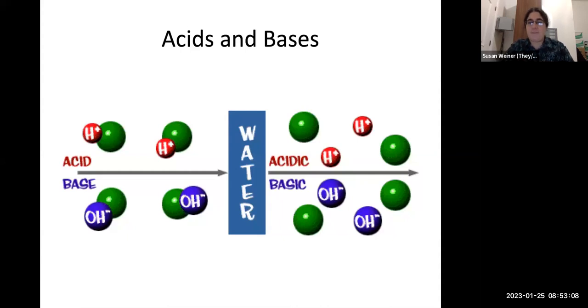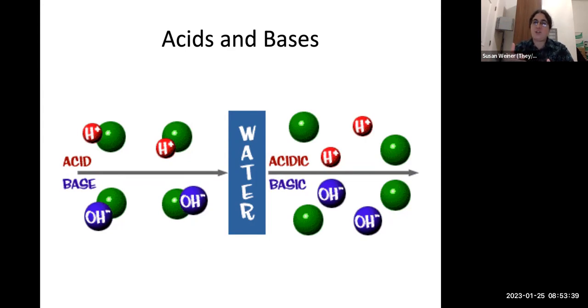Now, this brings us to OH and H plus, come back to pH and pOH. So pH is a measure of the acidity. pOH is a measure of the alkalinity, the basicness. Just to be confusing, for pH, the lower the pH, the more acidic it is, the more H plus ions there are.